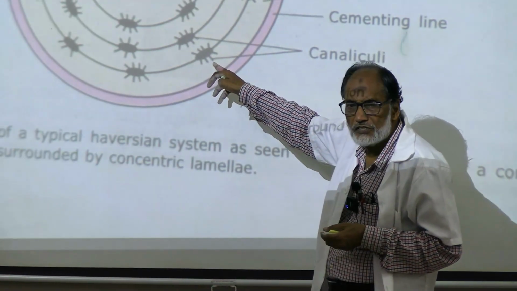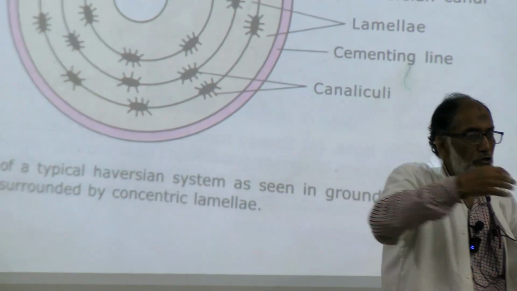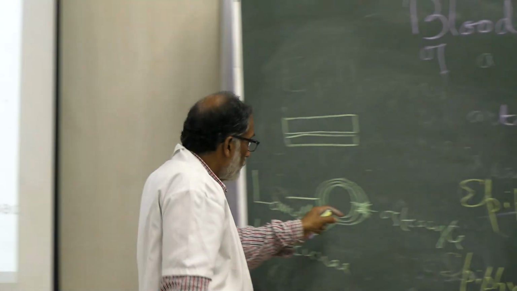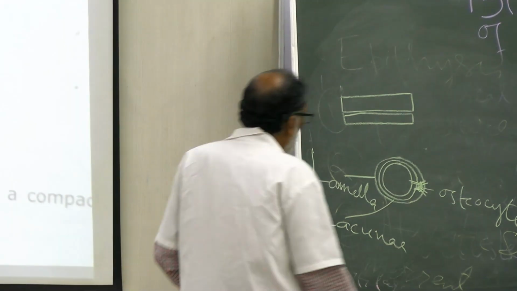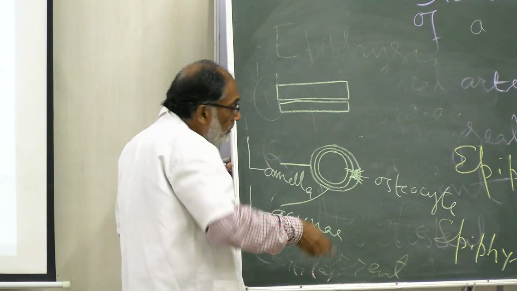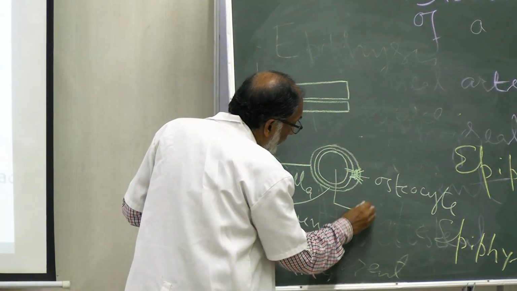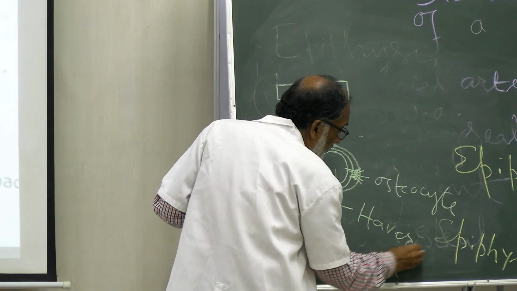These are small spaces, and through them all the lacunae are intercommunicated. So this is called lacunae, and this is called canaliculi, right? And the space around which this concentric arrangement lies is called the Haversian canal.